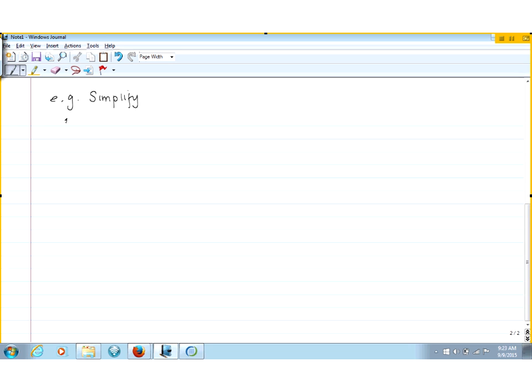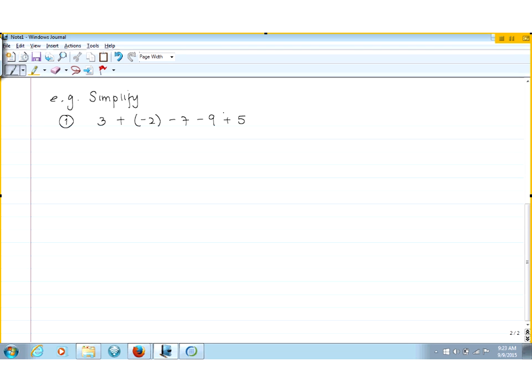So simplify number 1. 3 plus negative 2 minus 7 minus 9 plus 5.